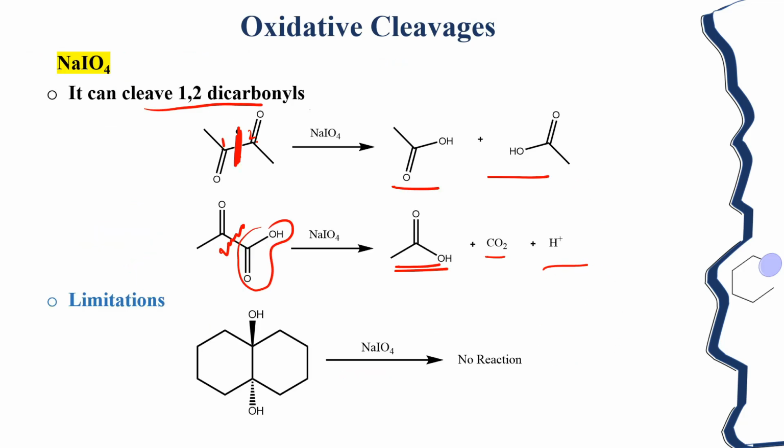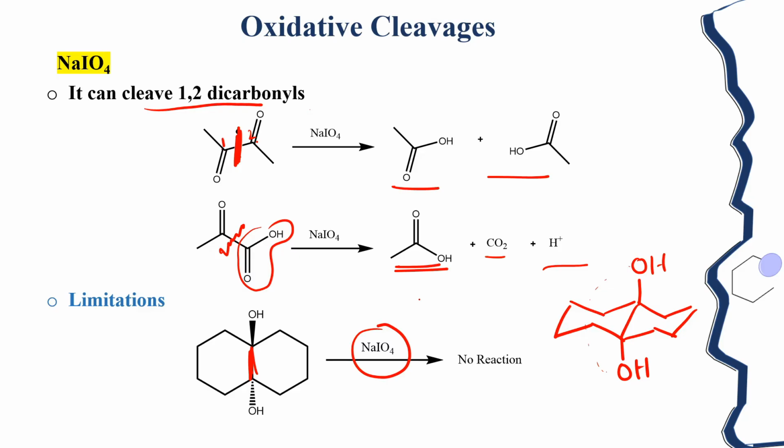But in the case of this particular compound, if we draw it in a trans-decalin format, then you can find one OH is here and one OH is here. That means there is no possibility to form the 5-membered cyclic ring here. So this type of compound, this particular bond will never be broken by using NaIO4.